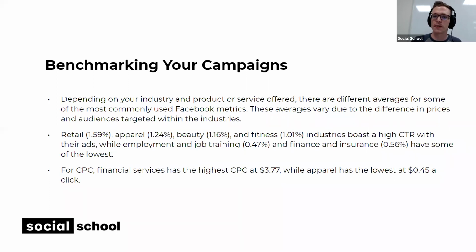Some of the lower ones that we see in the industries are employment and job training, about 0.47, and finance and insurance, about 0.56. These ones have some of the lowest. Again, it really depends. For employment and job training, for instance, it's really hard for us to target unemployed people on Facebook.